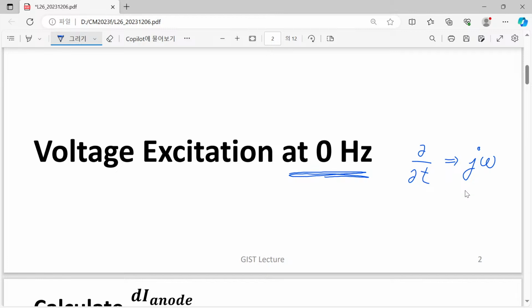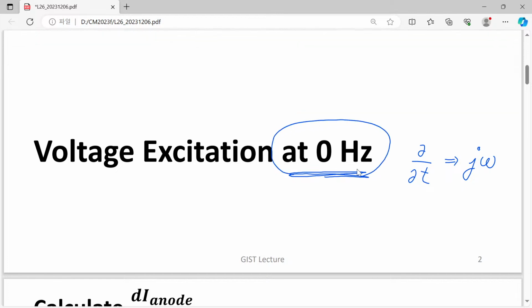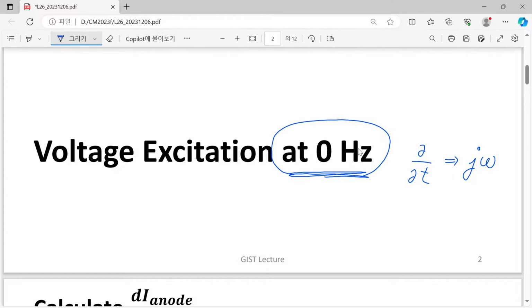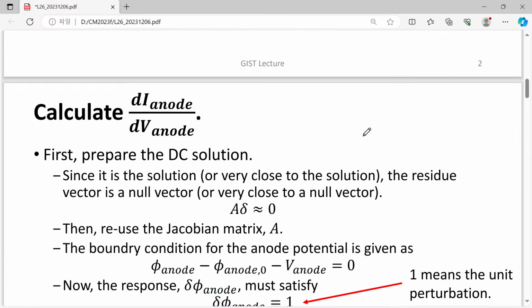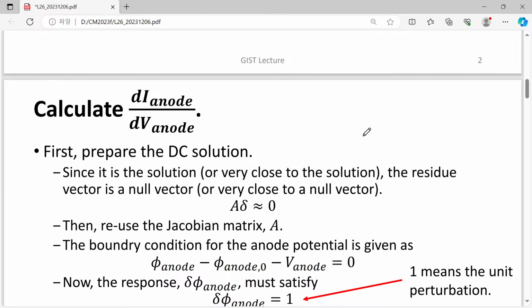That will introduce a complex number in our matrix. In order to avoid this complication at the first trial, I just wanted to set the frequency as exactly 0, then all kinds of time related terms are eliminated. Okay, so then let's say that our goal is to calculate dI over dV.